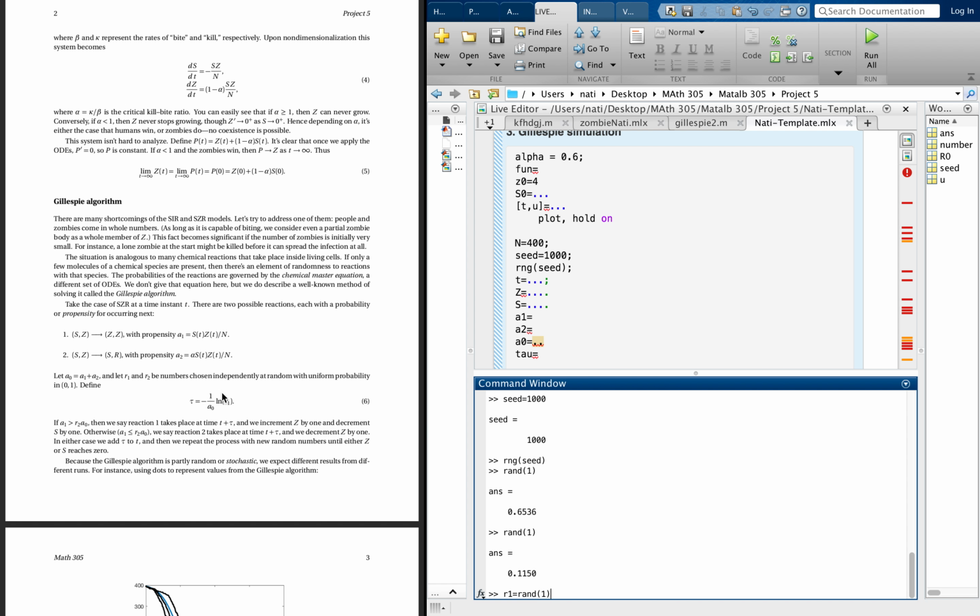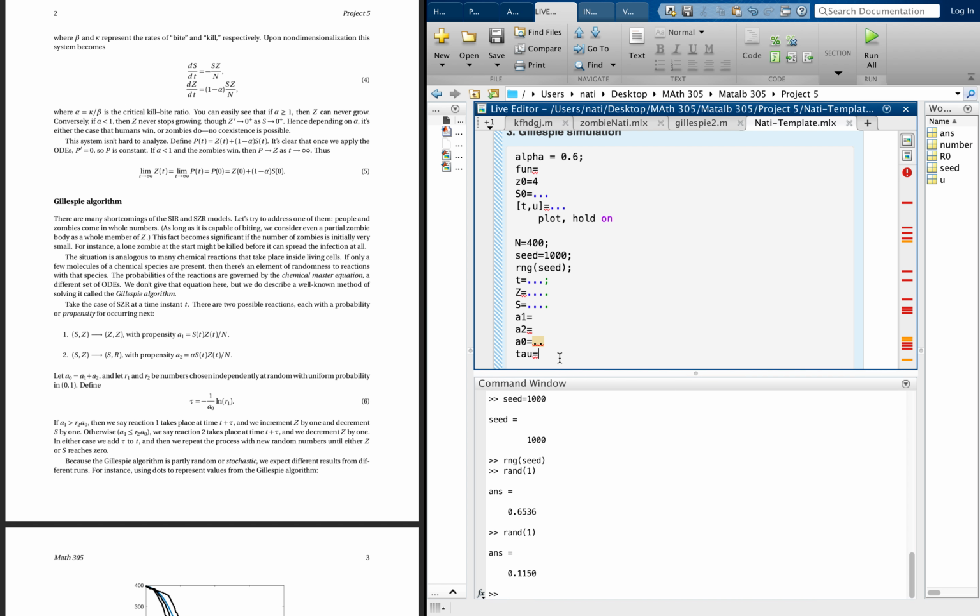The first one is used for the time of the zombie-human interaction, and the second one is to decide whether the zombie died or whether the zombie turned the person into a zombie. So you need two random numbers. You can call this first one R1, or you can just say rand 1. So we just type this equation, minus 1 over A naught, natural log of rand 1, and that's your time step.